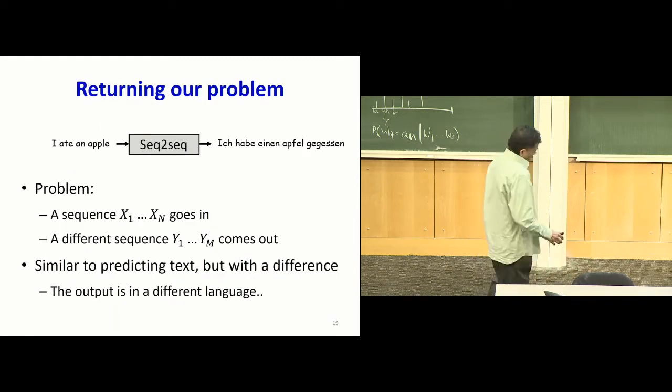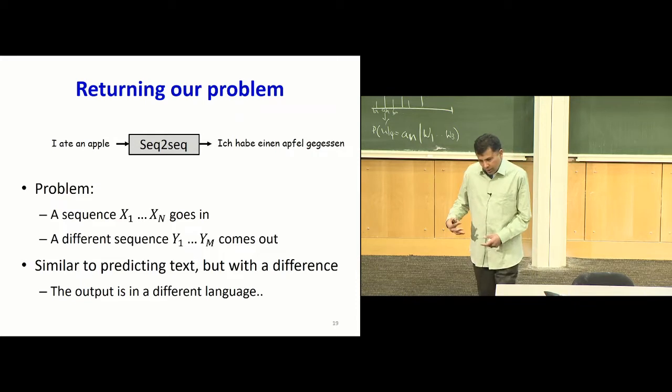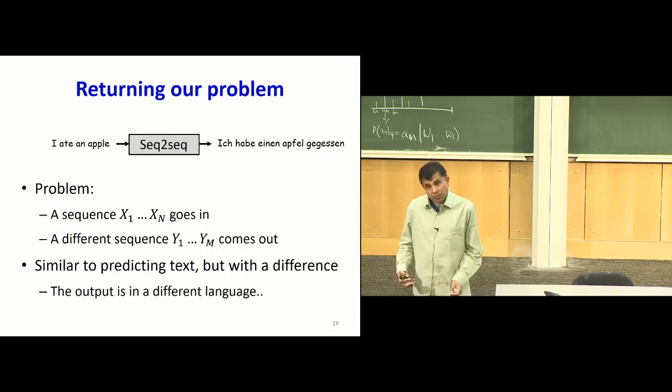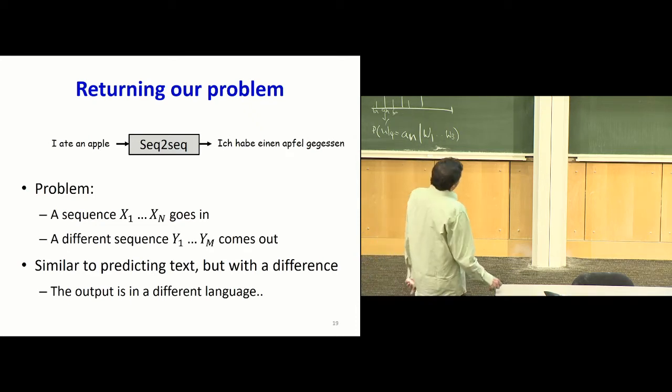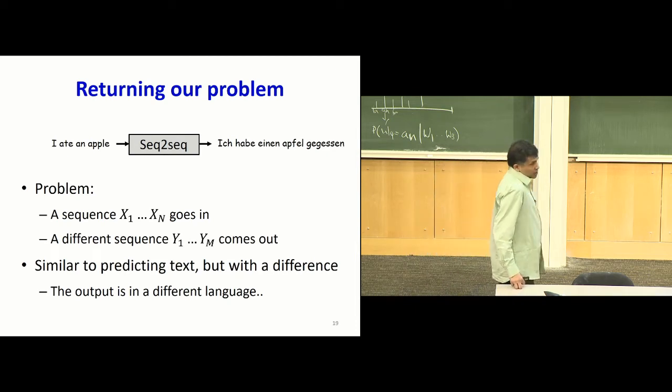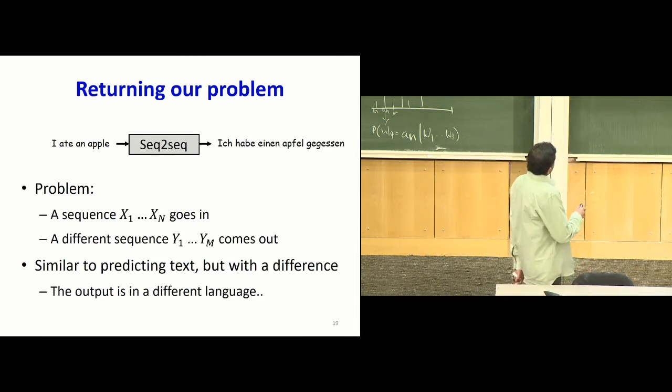So we've gone over the problem of learning a language model and how to generate text from this model. Both of these are relevant to what we're going to speak about next. So let's return to our problem, which was the sequence to sequence generation problem, where you have one sequence of symbols going in and a different sequence coming out.